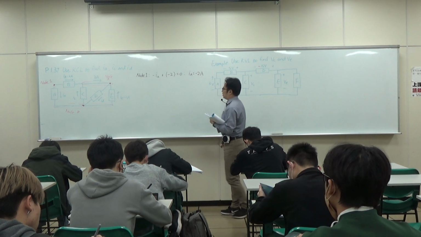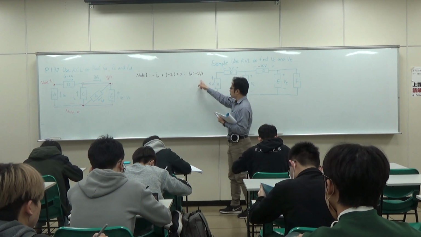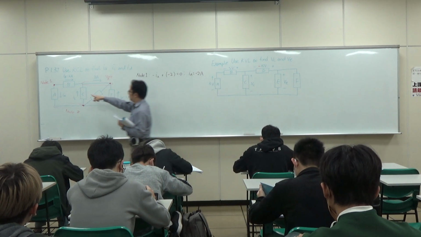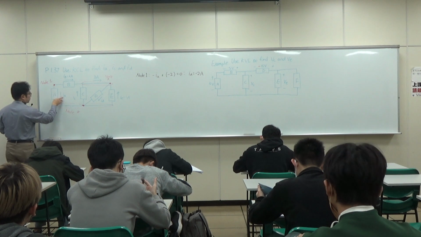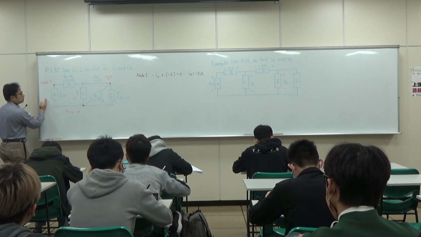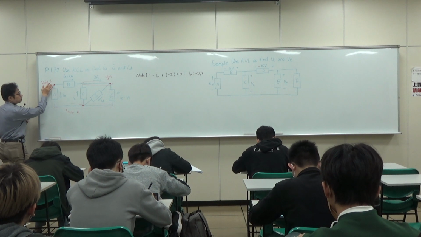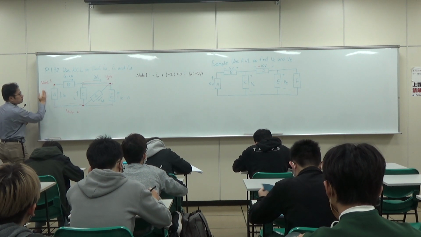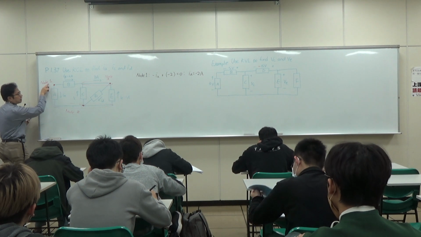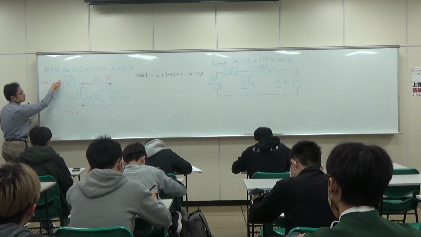Okay? And because IA is now a negative value, it means it's flowing upward. So node 1 is the simplest form. The current entering node 1 is 2A, and the current leaving node 1 is 2A. There's no other branch.